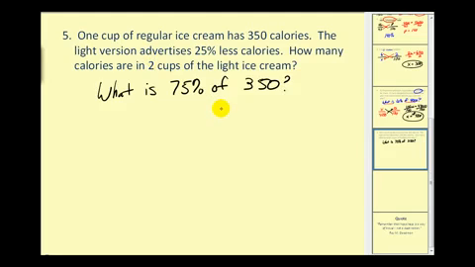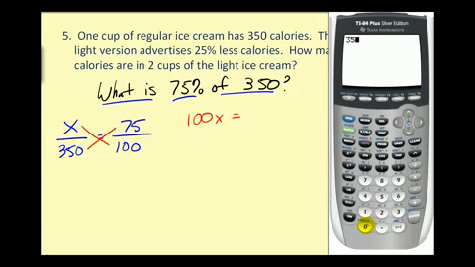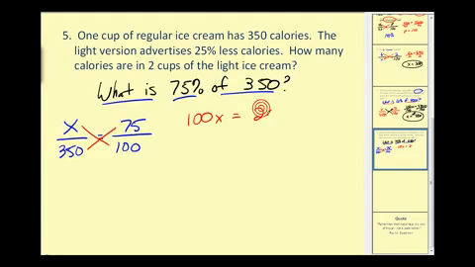Let's go ahead and try this. Here's our proportion. We know the percentage. We don't know the number associated with is, so again we will have x over 350, is over of. Cross products, 100x equals 26,250.